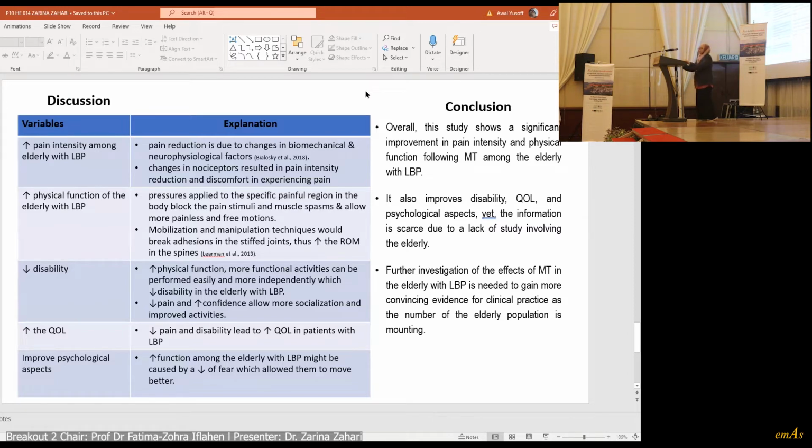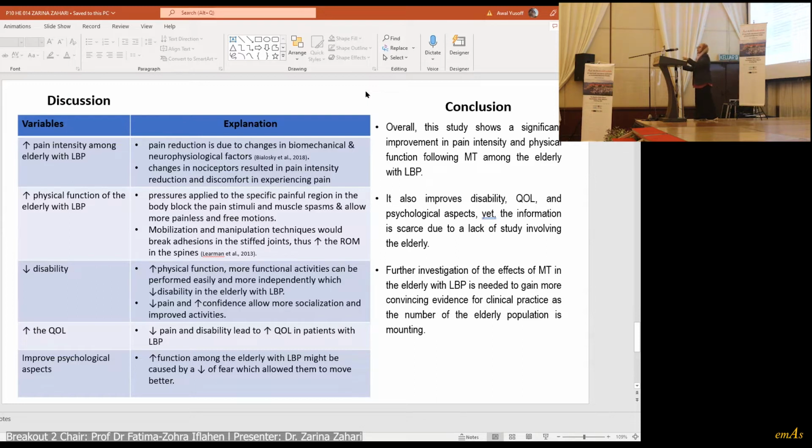Pain reduction could be due to changes in biomechanical and neurophysiological factors that happened in the sensory systems, and changes in nociceptors resulted in reduction of pain intensity and discomfort experiencing pain.